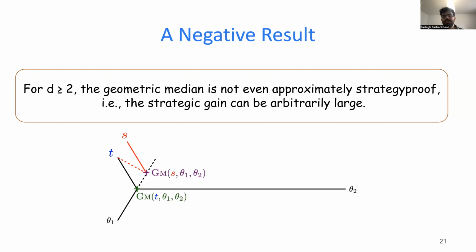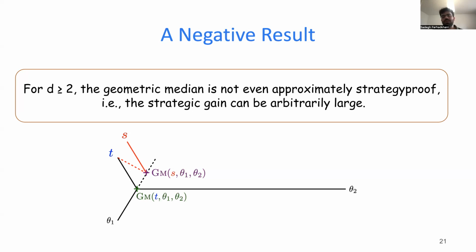But I have a simple example here showing how it's possible for the strategic user to gain by lying and misreporting their vector. In this example, we have 2 honest users, and user 2 actually reports a vector theta2, which is very far on the right. As you can see in this example, if the strategic user reports vector S, which is a bit higher than their true target vector T, they can actually bring up the geometric median a bit closer to their target vector.